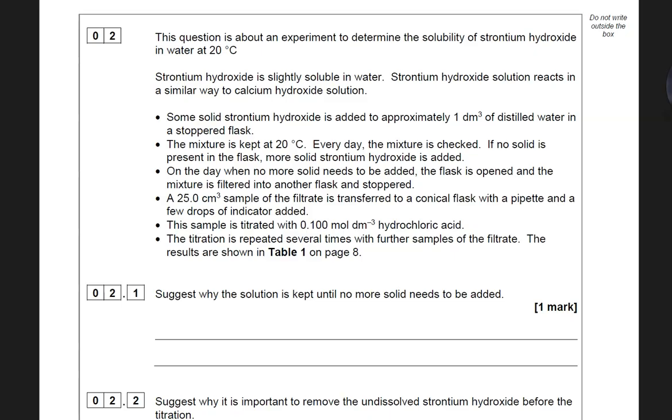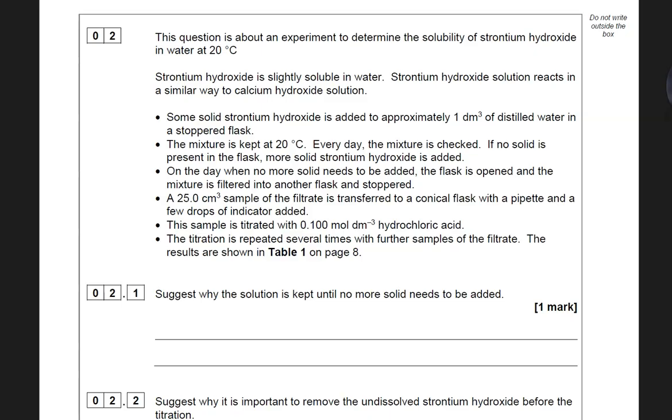Let's go through the question one step at a time and talk about what the question is getting at and how we should answer in order to pick up the marks available. So, question 2.1. Suggest why the solution is kept until no more solid needs to be added. Why do we keep adding the solid until no more needs to be added? The experiment is to try and determine the solubility of strontium hydroxide, and that means we need to create a saturated solution.